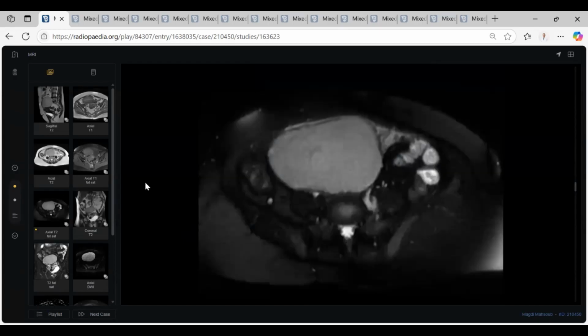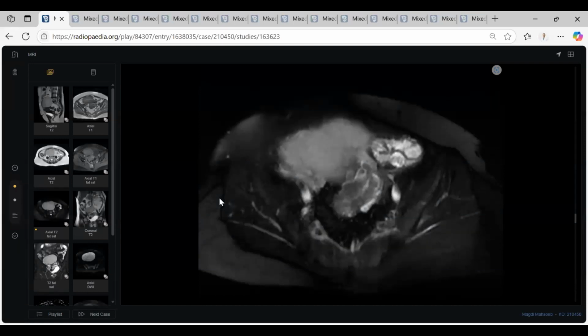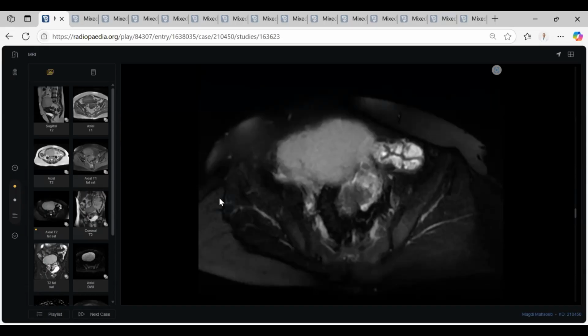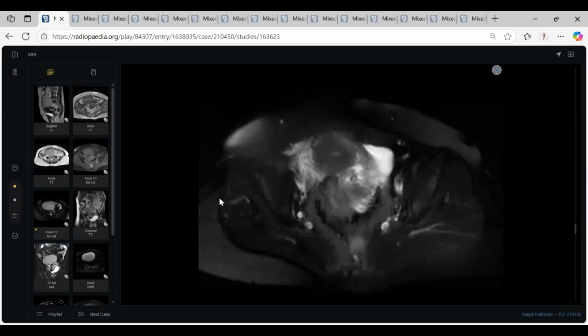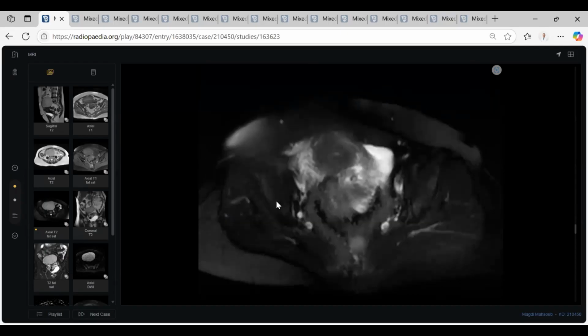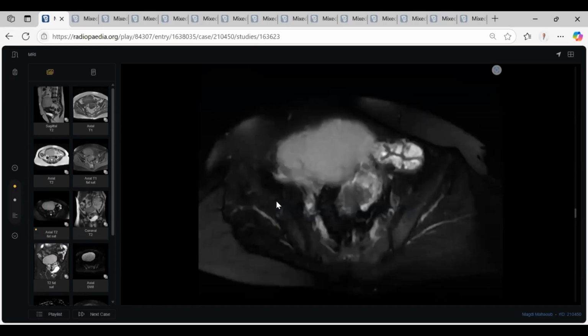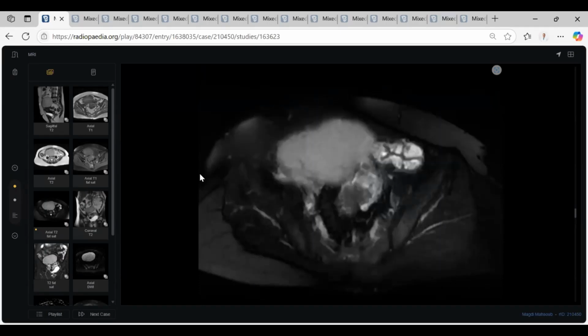If you go to the axial one, you will see here the pedicle to the left. So in a huge lesion, especially in the pelvis, don't tell from the beginning of the exam whether this is right or left, because this patient's lesion came from the left and extends to the right.